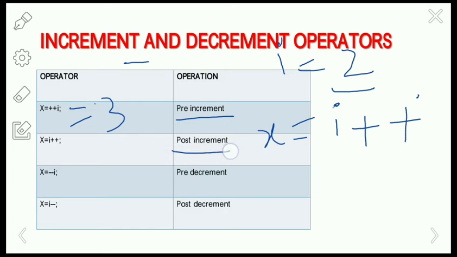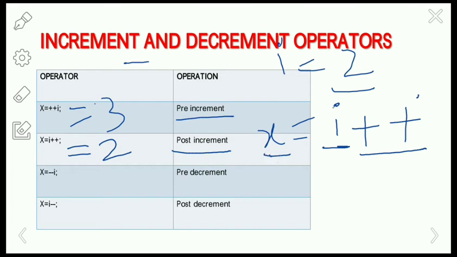In the post-increment, we first assign the value to x and then perform the increment operation on the variable I. So here I value is 2, so we take the value as it is, because first we assign the value to x and then increment it.